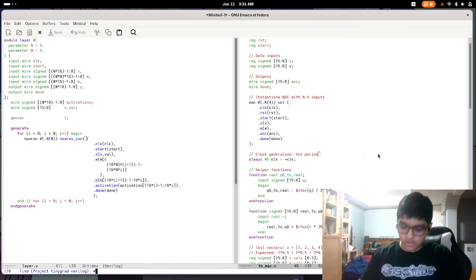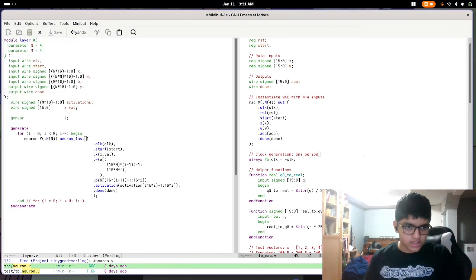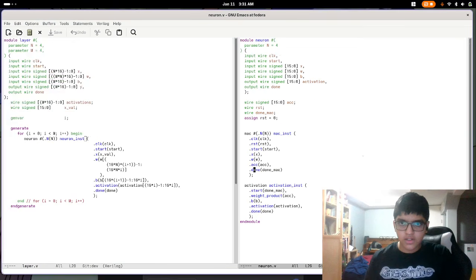If I jump back to neuron.v, yes, because this takes in a 16 bits wire.